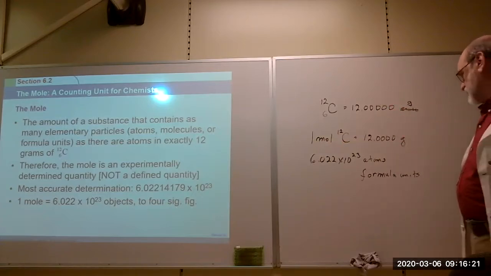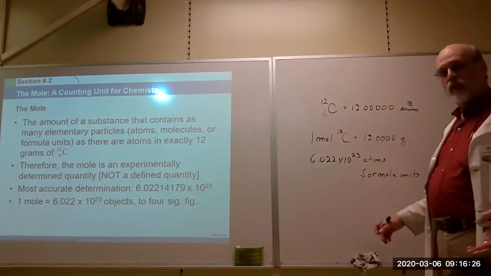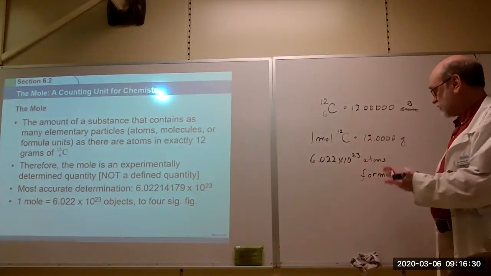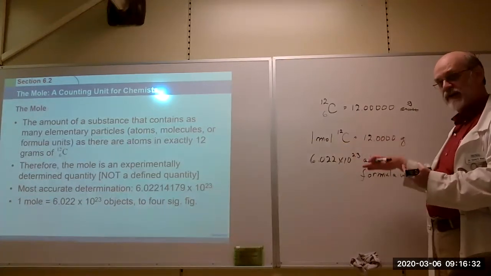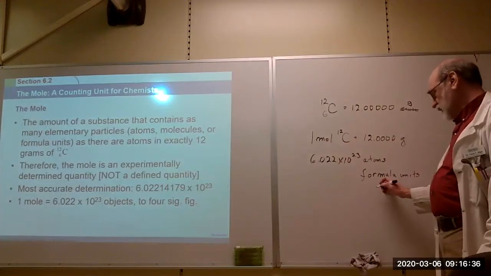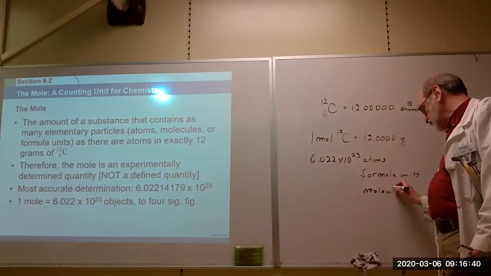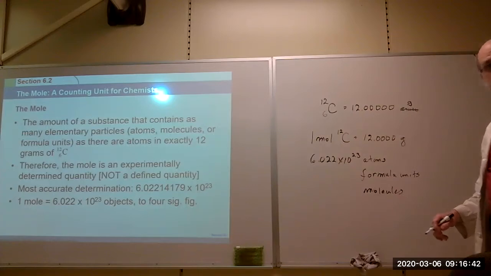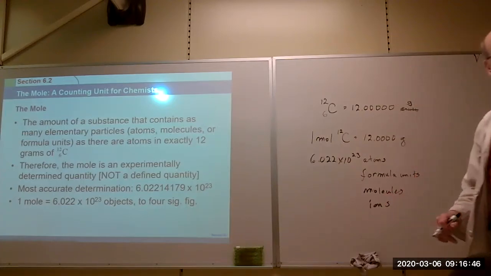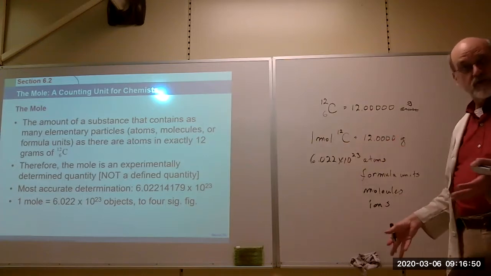Or, I don't know, if you want to be ridiculous, it could be that many chickens, is 1 mole of chickens. Okay, so anything can fit this. Once we've defined the number, then the mole could be anything. Formula units, actual molecules, okay, or it could be ions. Okay, so 1 mole is that many of whatever you want it to be.